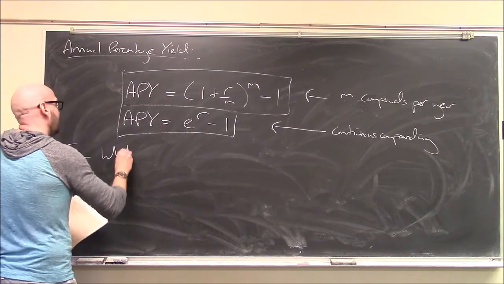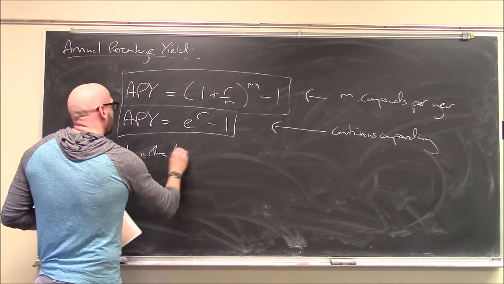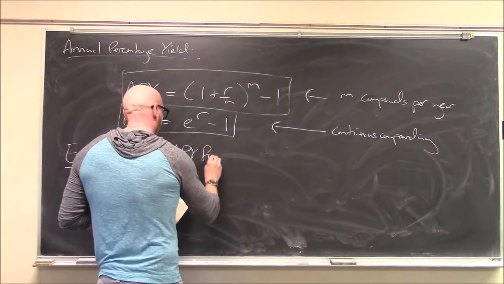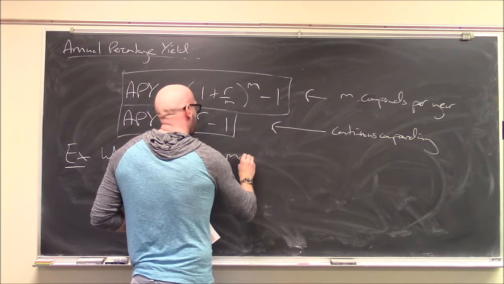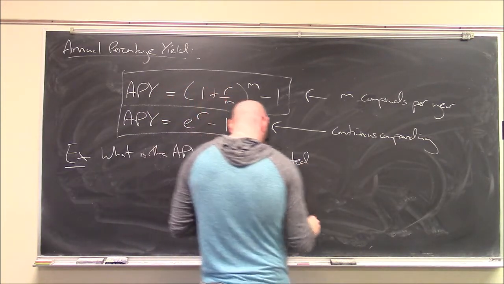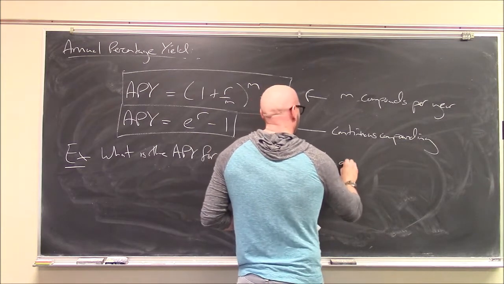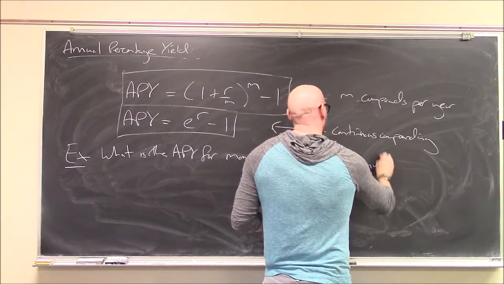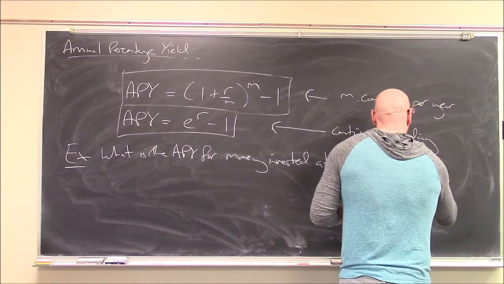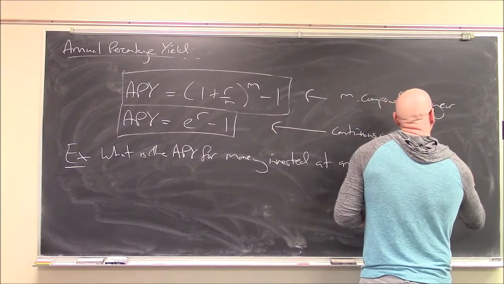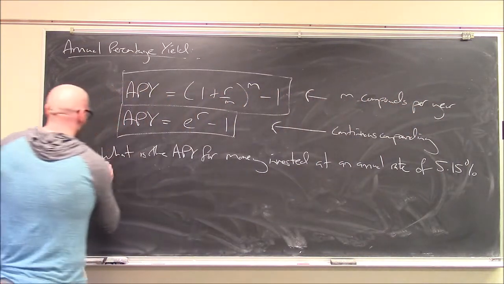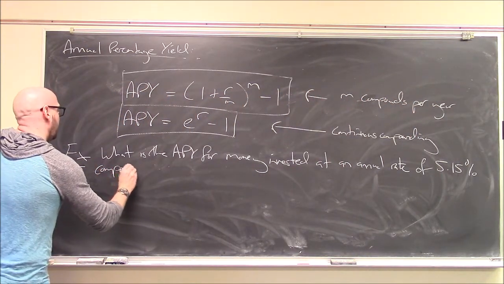What is the APY for money invested at an annual rate of 5.15% compounded daily?